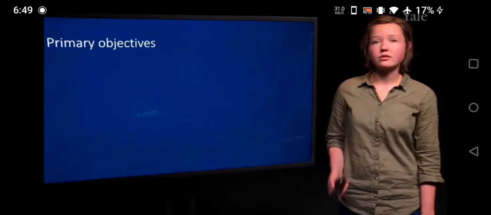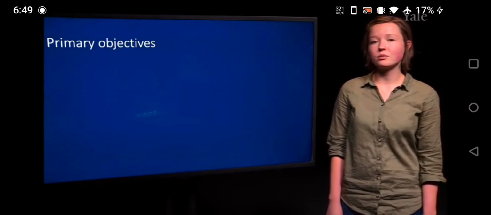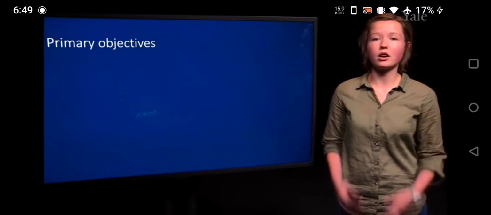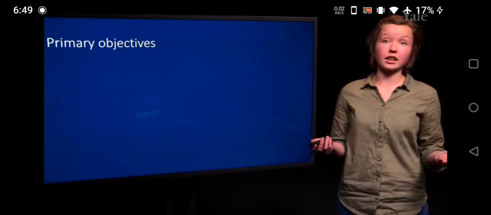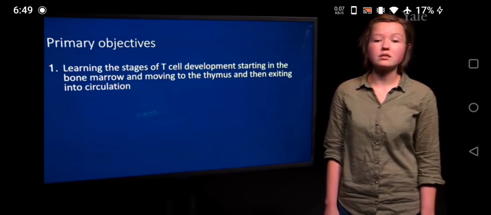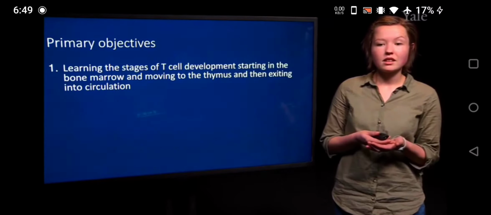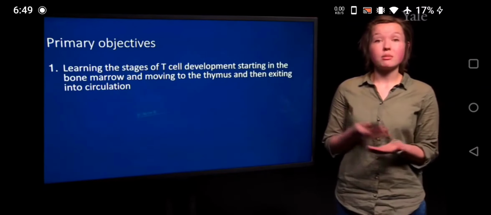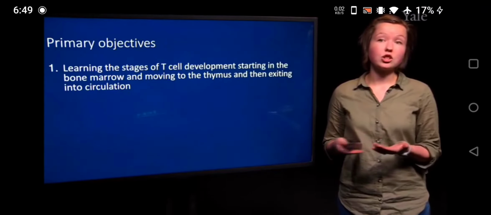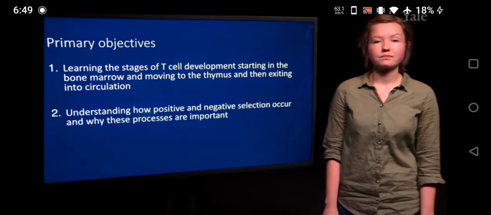So starting off this lecture, I want to talk about primary objectives, which are the objectives that we hope to learn over the course of this lecture. So first, we want to learn the stages of T cell development, starting in the bone marrow, and then moving to the thymus, and then exiting into circulation.